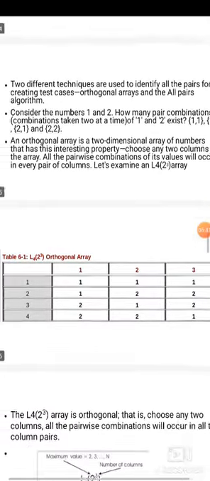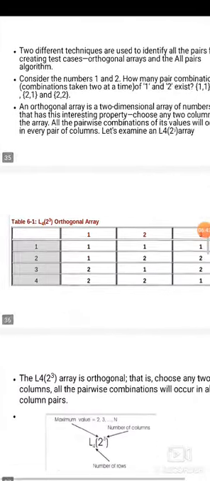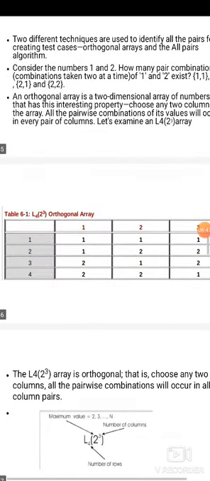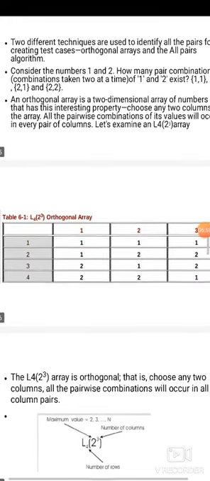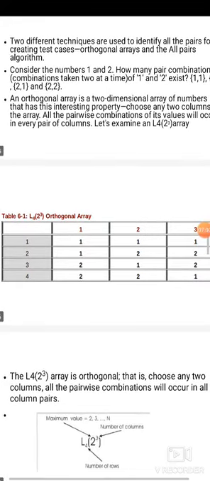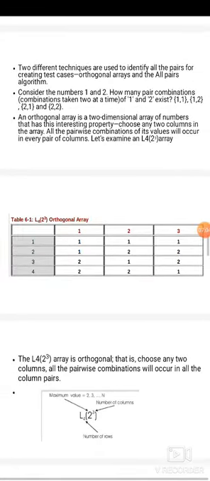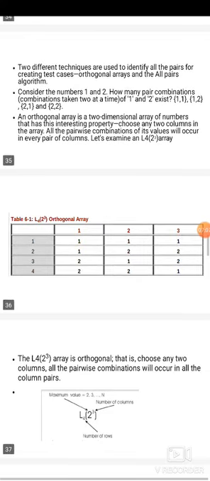In order to do this, I will be using a table notation called an orthogonal array. I'll be using a tabular format to represent my inputs and their corresponding values. To represent this orthogonal array, consider two numbers, 1 and 2.